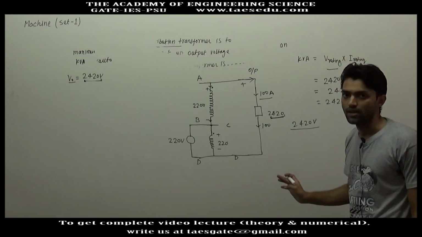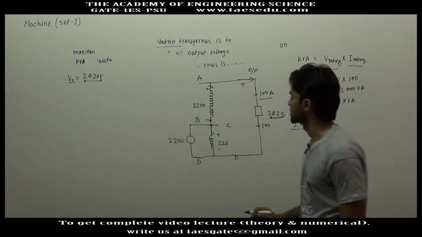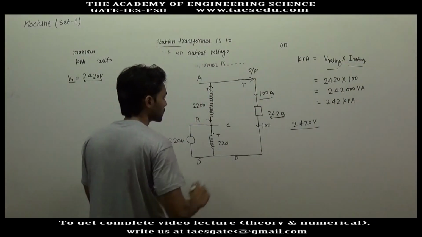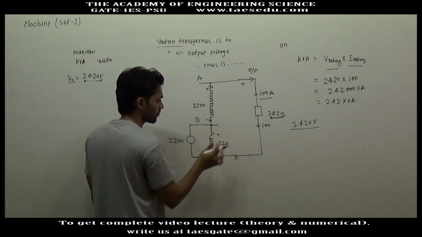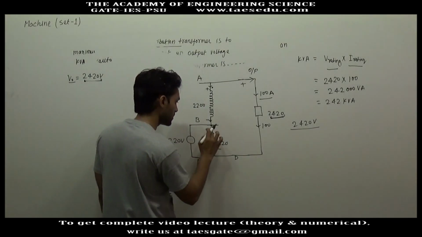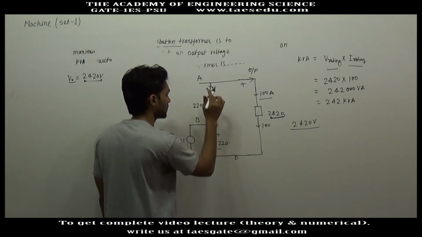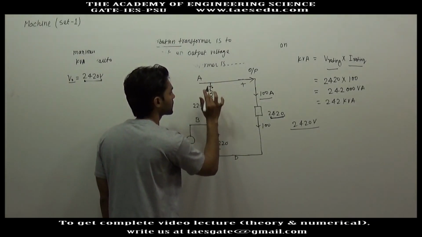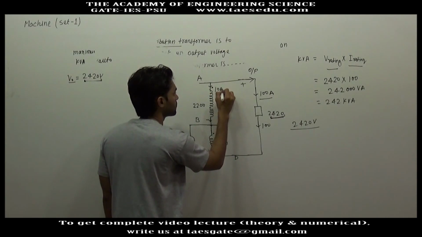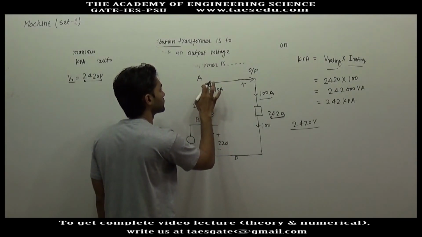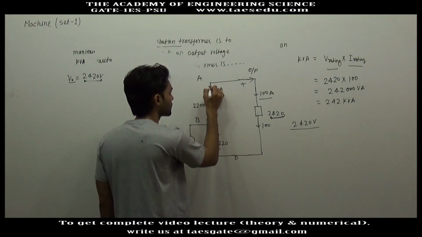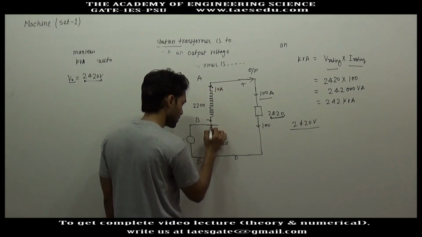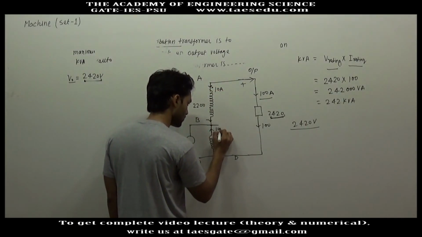Now let us try to find out the kVA rating of this transformer. For kVA rating, we will give the maximum current to any of these two windings. Again, the maximum current 10 ampere is flowing through this winding. So if 10 ampere is entering into the dot, 100 ampere will leave from the dot.